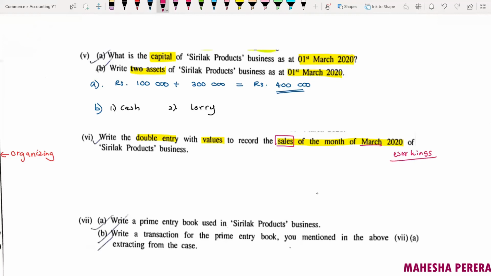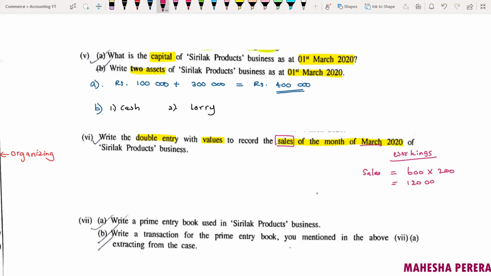The total sales amount, all sales are credit basis, no? So credit sales amount. I'll write just sales here. The sales amount is 600 boxes times 200 each.